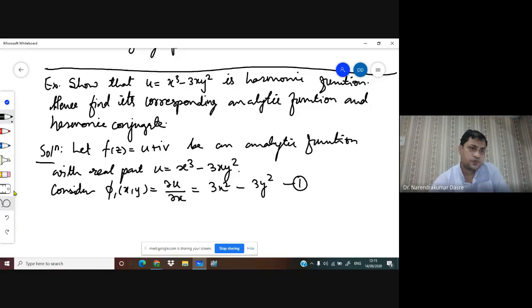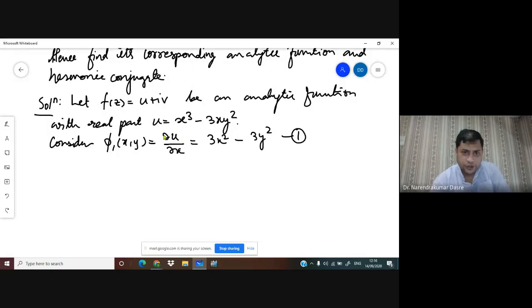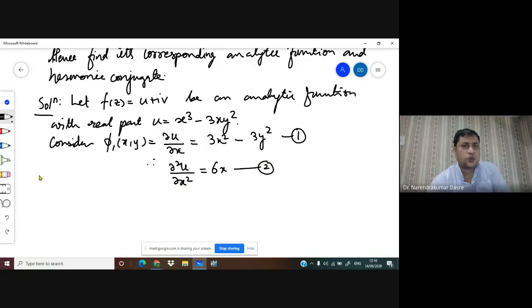So we have to find the second order derivative as well. Del square u by del x square is going to be 6x. So this is 6x, equation 2.